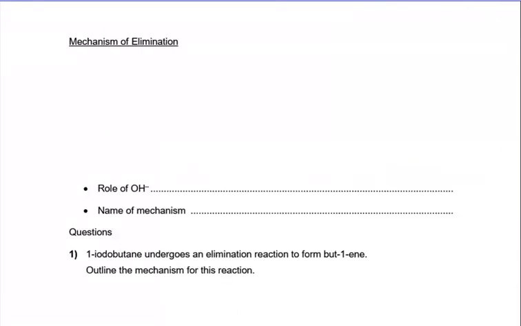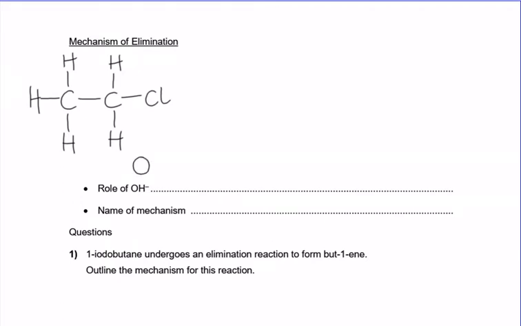How does it happen? So we're going to go back to our first example where we had a nice straightforward halogenoalkane, chloroethane. And we're going to remind ourselves that our reagent was potassium hydroxide, but remember that we don't put metals in our mechanisms, so we're going to use just the hydroxide ion with its negative charge.